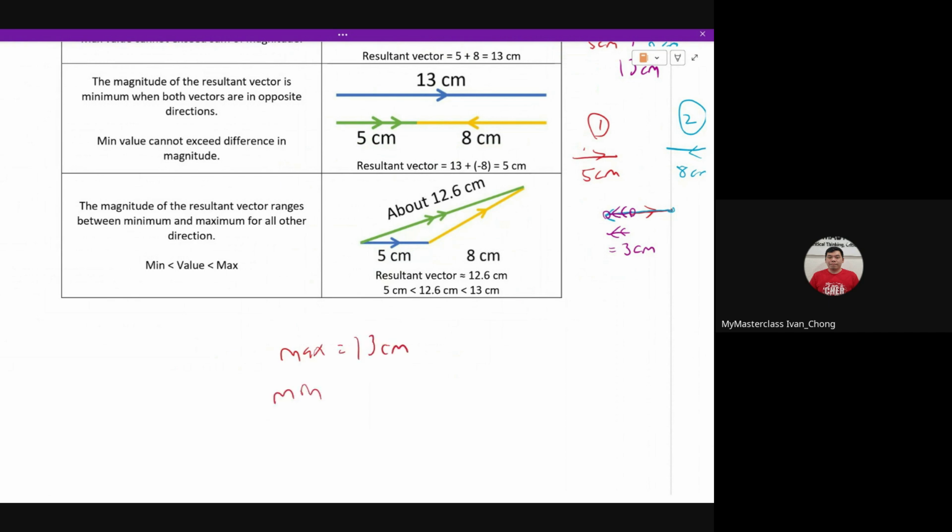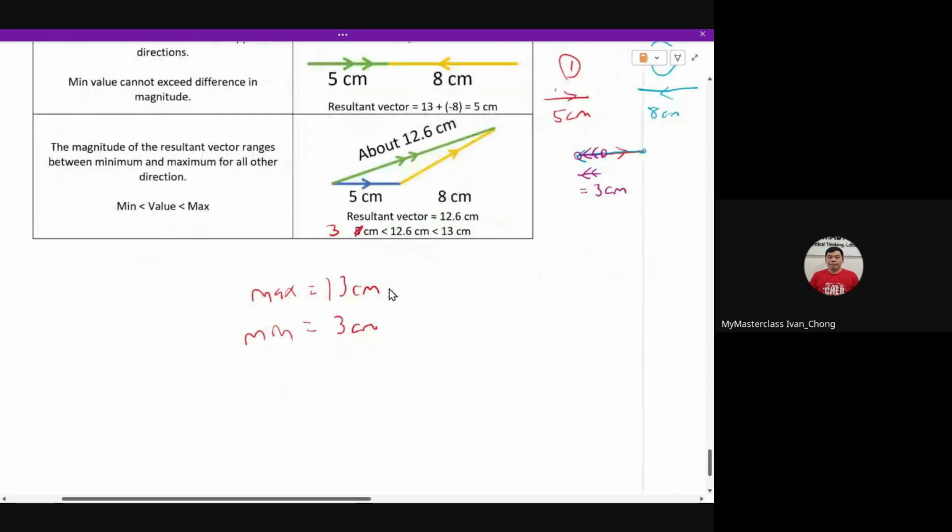So your minimum was 3 cm. Okay, this part is a typo, it is 3 cm. So basically my range must be between these two values. If this is an MCQ question, they'll just ask you what is a possible value, or which is not possible, for the resultant vector of these two.